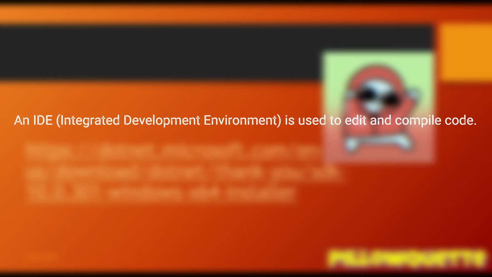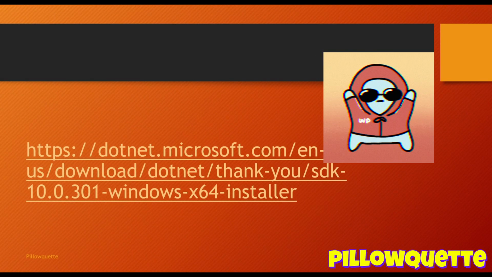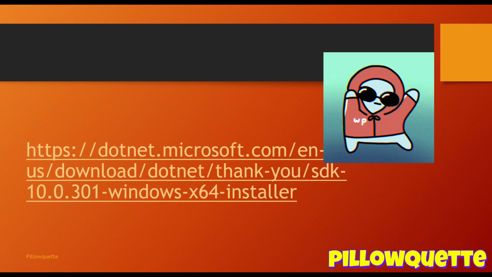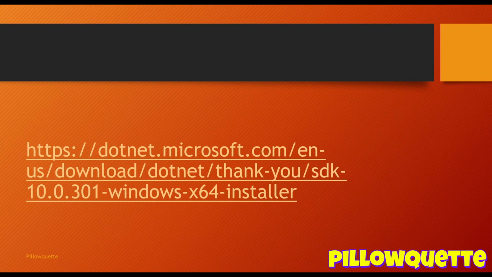You also need the .NET SDK installed on your computer. Once everything is set up, you can run your very first program using just one line of code, which is Console.WriteLine. This prints text to your screen and confirms that the environment is working.